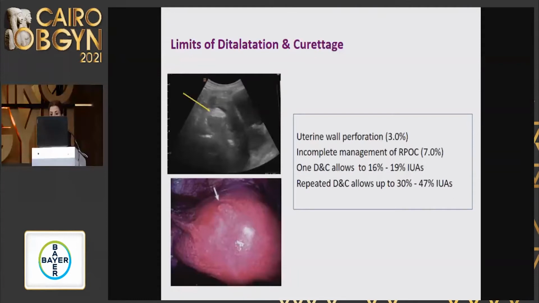We must also keep in mind that these women may wish to become pregnant again. The complications are uterine wall perforation, incomplete management of retained product of conception, and the need for another surgery, which increases the risk of intrauterine adhesions.